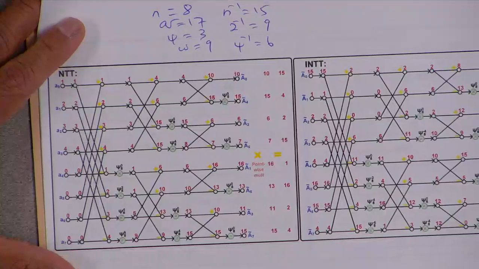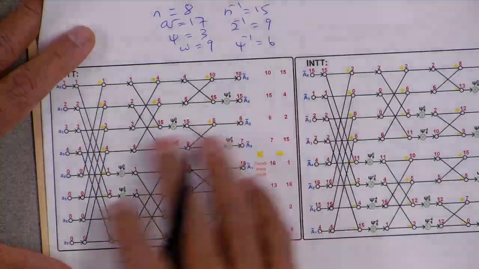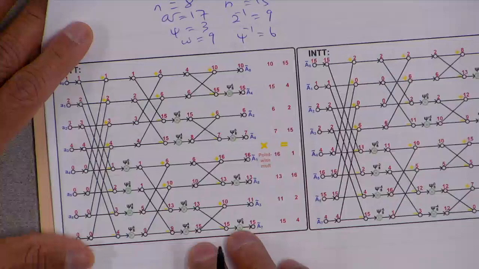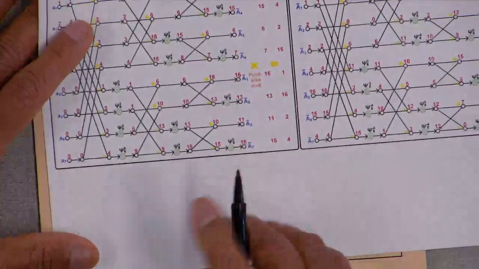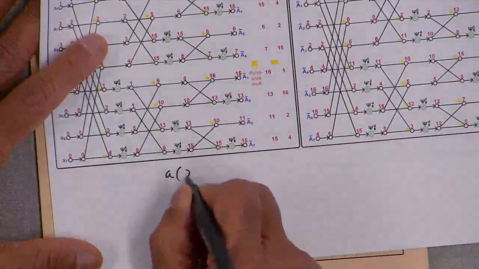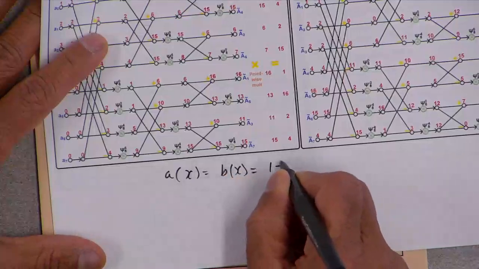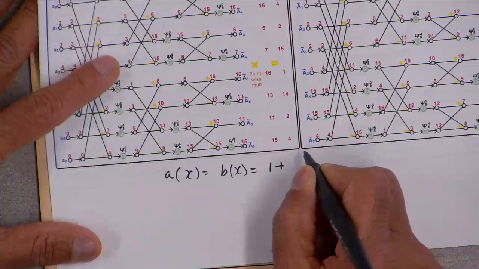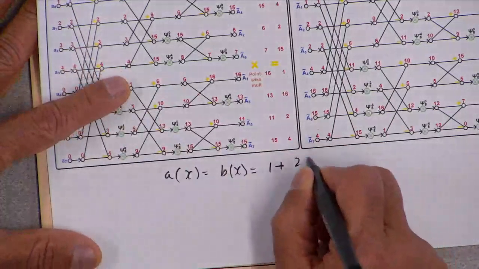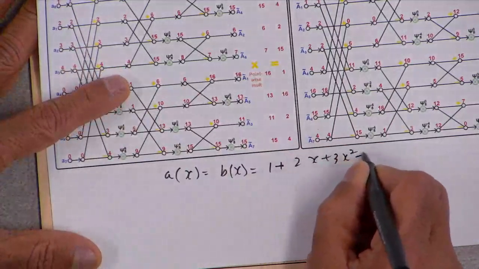Your homework will ask you to do something like this, but with a different polynomial as opposed to the polynomial that I've started with. So I've started here with A(x) the same as B(x), which is 1 plus, A0 is 1, A1 is 2x plus 3x squared plus 4x cubed.